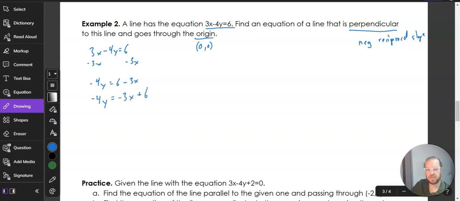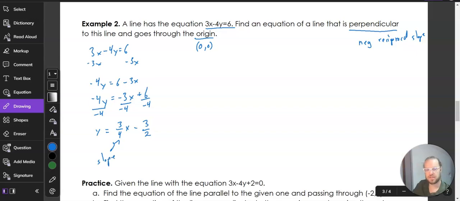Doesn't make any difference, but it's good for us to look at it the same way. Then we're going to divide by negative 4, which means we need to divide everything over here by negative 4. y is equal to, negatives cancel, so just 3/4 x. Here, it becomes negative, and we can simplify it. 6 over 4 is exactly the same as 3 over 2. So that would be the equation of our original one, which means then that this is our slope.